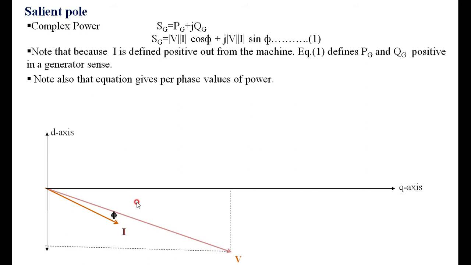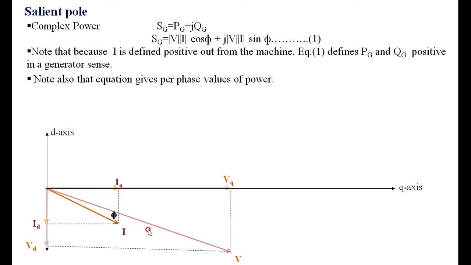Then I resolve V into two components, one along the q axis and the other along the d axis, that is VQ and VD. Similarly, I resolve the current I along the q axis and the d axis. Their components are IQ along the q axis and ID along the d axis.